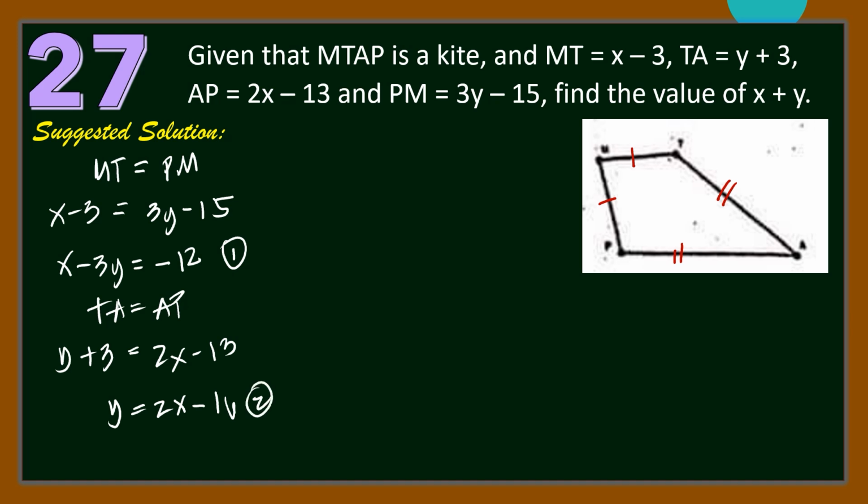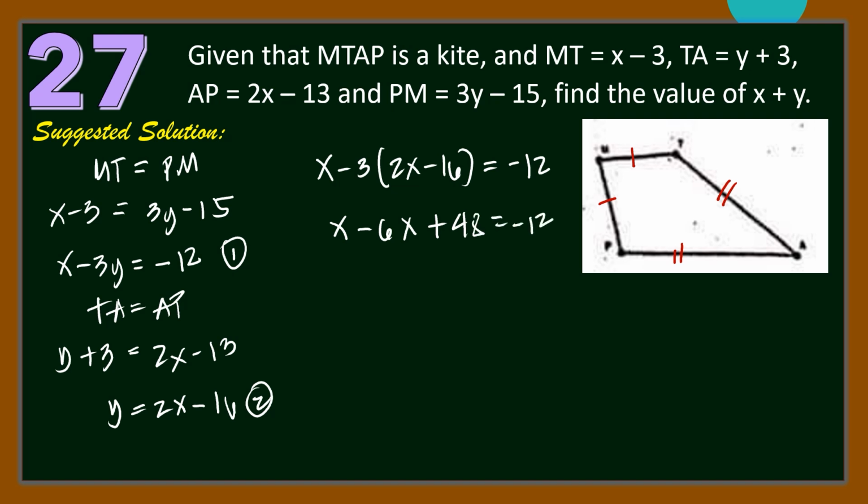Solving these two equations simultaneously and substituting the value of y from equation 2 into equation 1, then we have x minus 3 times y, which is 2x minus 16, is equal to negative 12. Solving for x, we have x minus 6x plus 48 is equal to negative 12. x minus 6x is negative 5x.